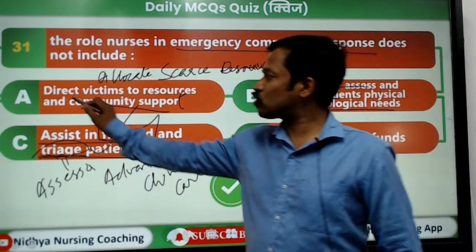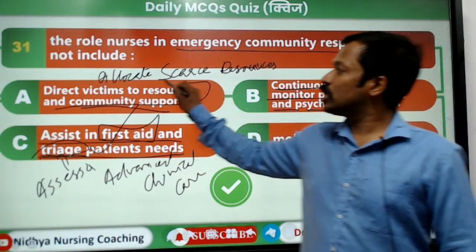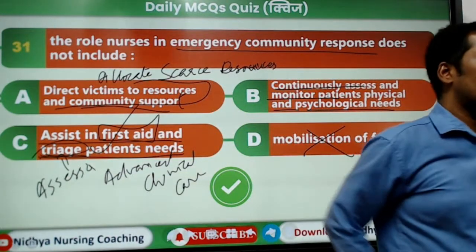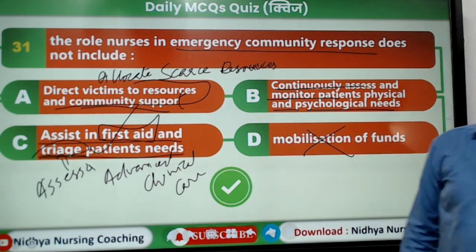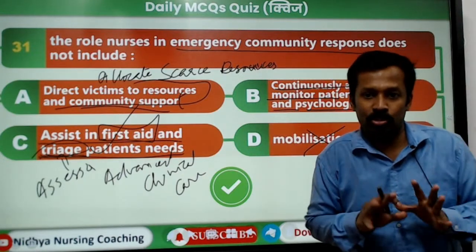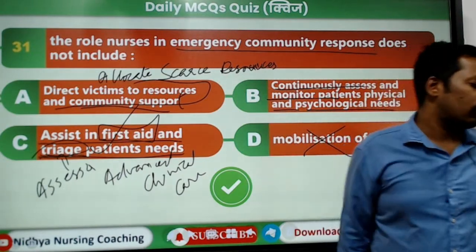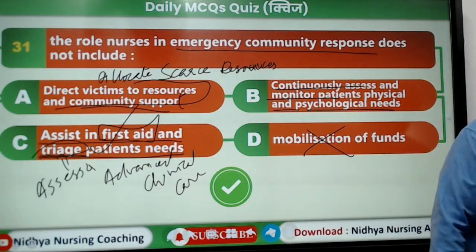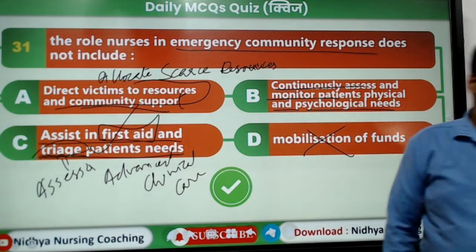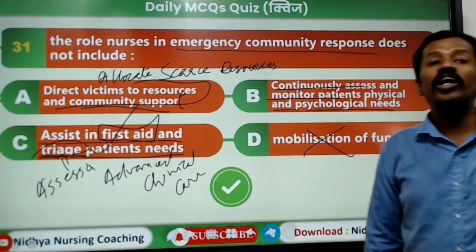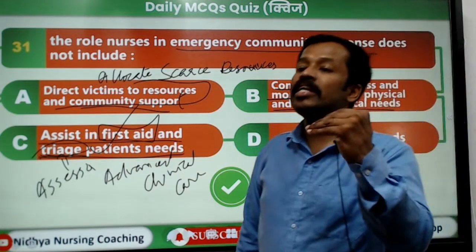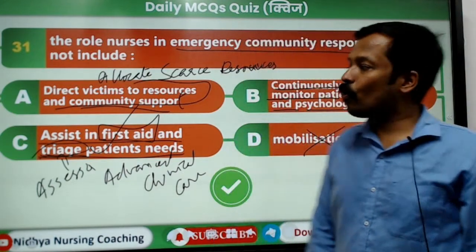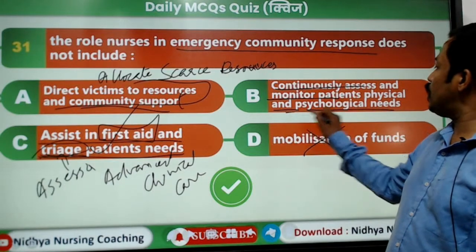That is what the first option, direct victims to resources and community support, means. Scarce means all the available resources, multiple resources. Okay. And ongoing physical and mental health needs.